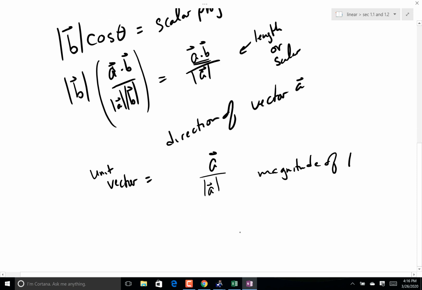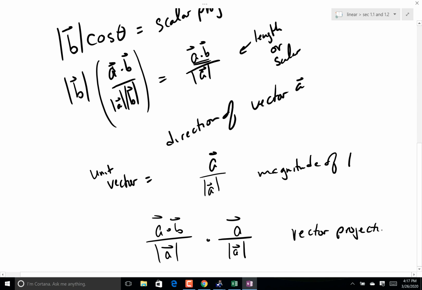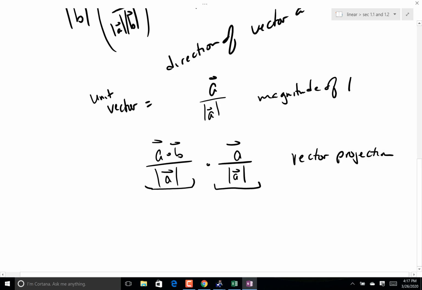So if I were to take this and multiply it by this scalar, I would end up with the vector projection, where this is the magnitude and this is the direction. Together they form a vector.